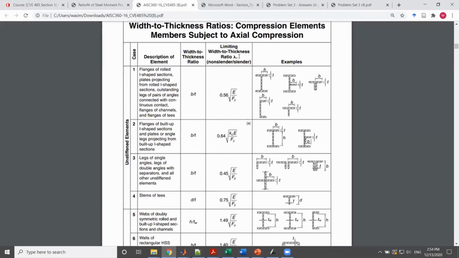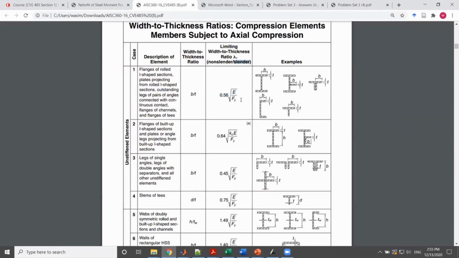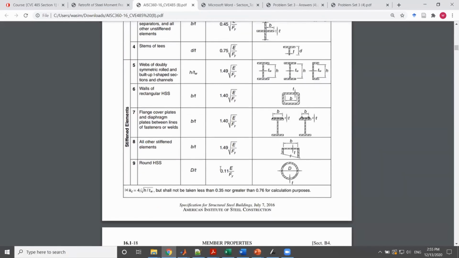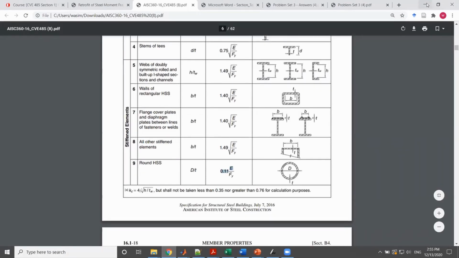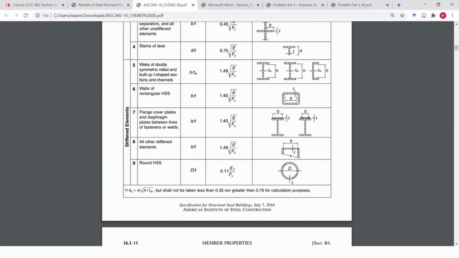Now let's check another part. What is this? The column in here is lambda r. So if your value was less than what we have in here, your section is non-slender. If it was bigger than this value that appears in here in general, it would be a slender case. Now going back to our example, 0.11 multiplied by E divided by 275. So let me see. All right, so there isn't a square root actually in here.